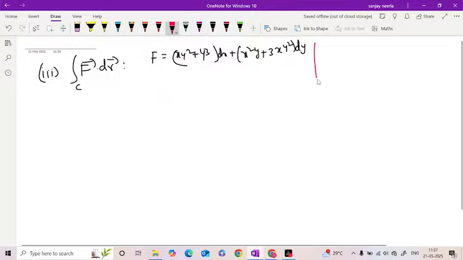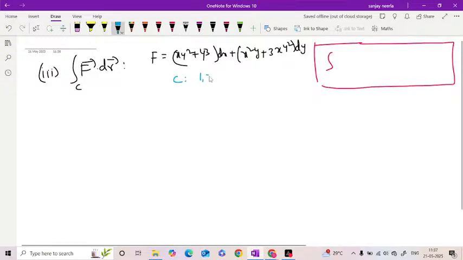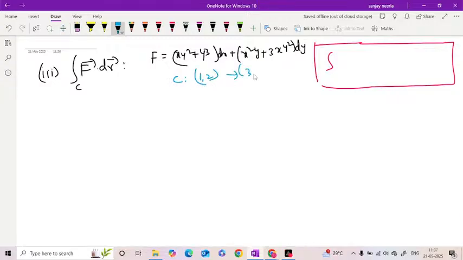Sometimes they will ask the question like this: integral over the path c, so c is from 1 comma 2 to 3 comma 4.